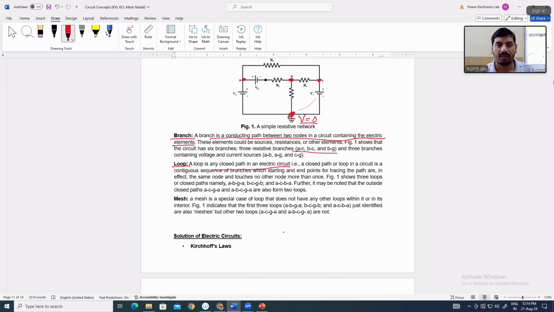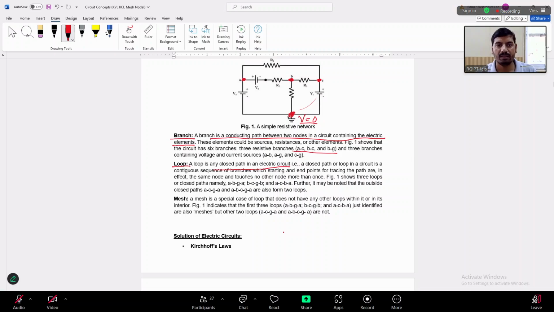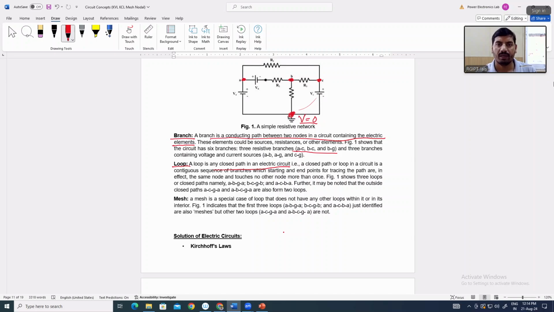A closed path or loop in a circuit is a contiguous sequence of branches whose starting and end points for tracing the path are in effect the same node and which touches no other node more than once.